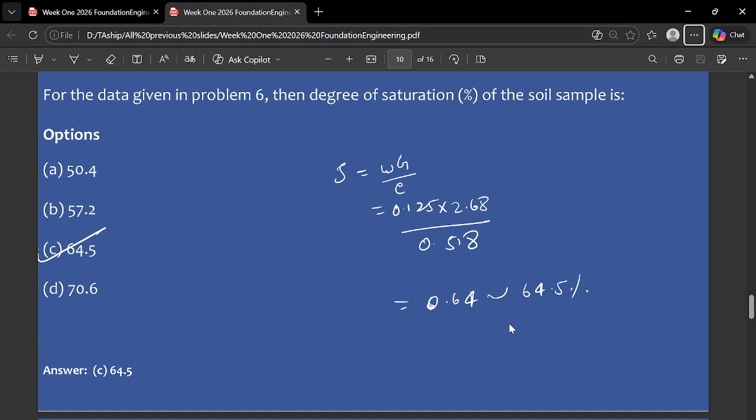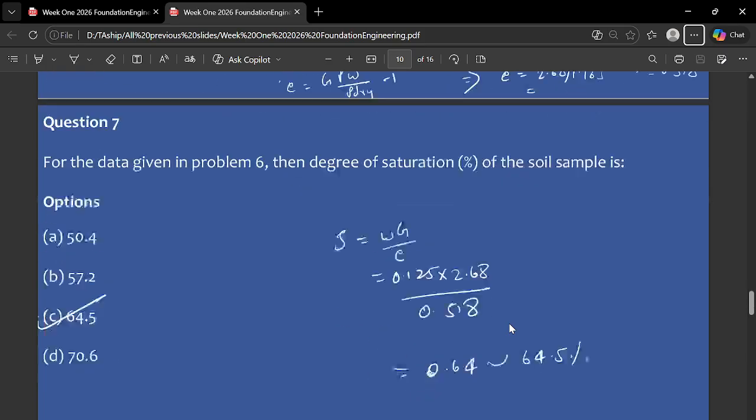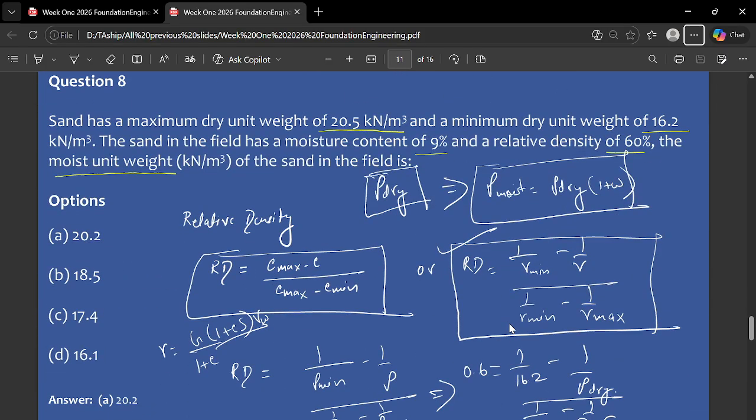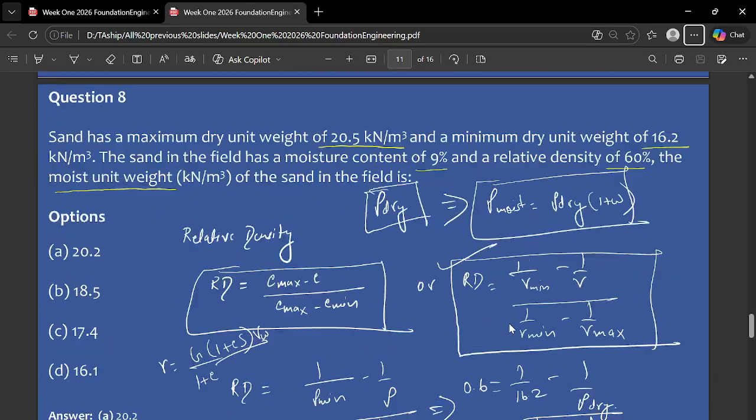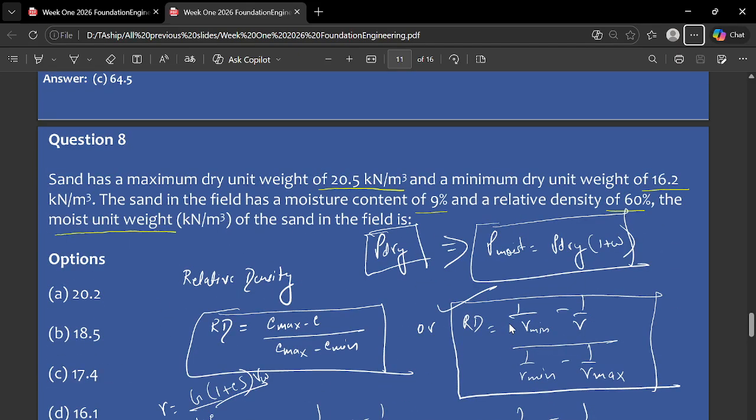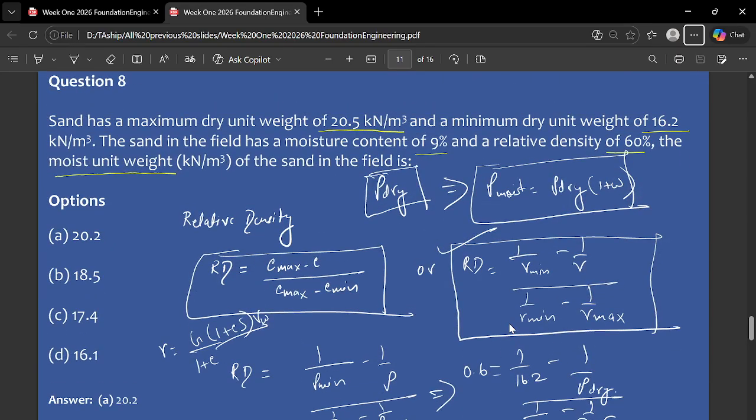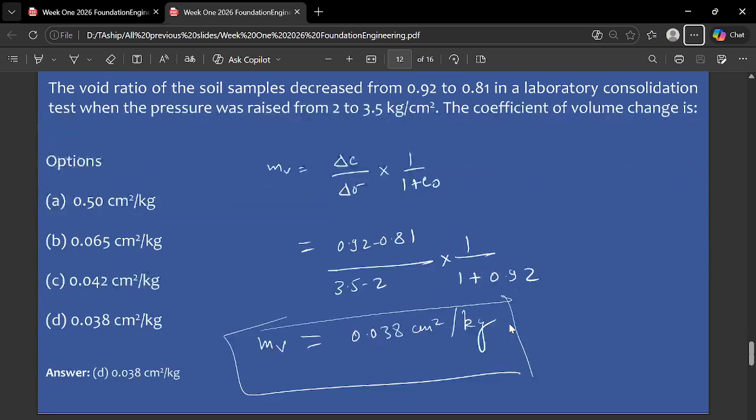And then for the data given in problem 6, the degree of saturation of the soil sample is asked. So similarly you can get it from the degree of saturation. Then you need to look at the relative density. If you are given the maximum, minimum, and in situ void ratio, utilizing that you can calculate the relative density of the soil available at site.